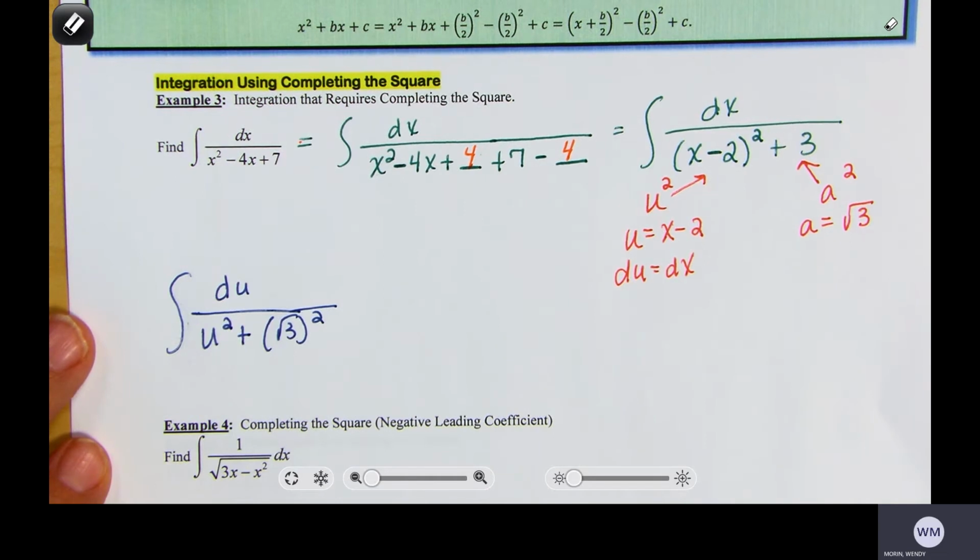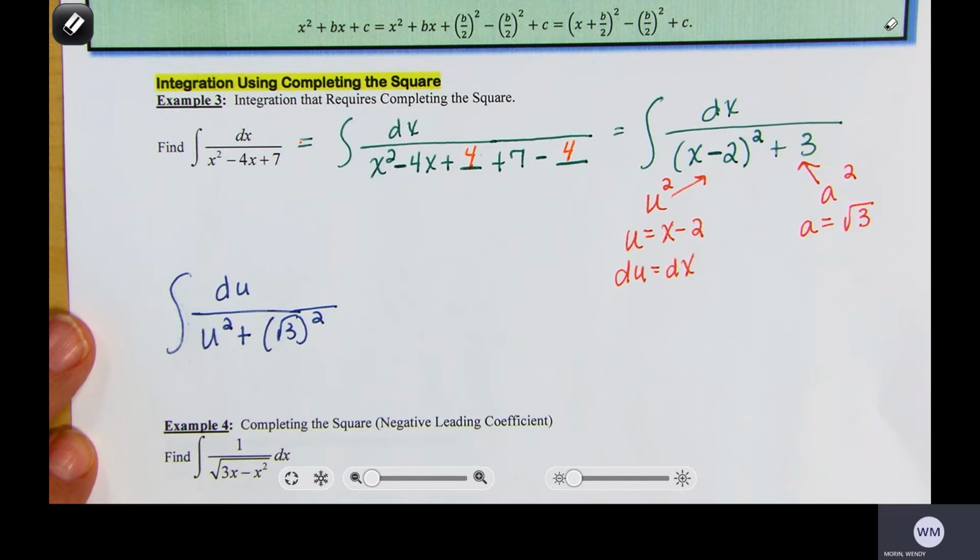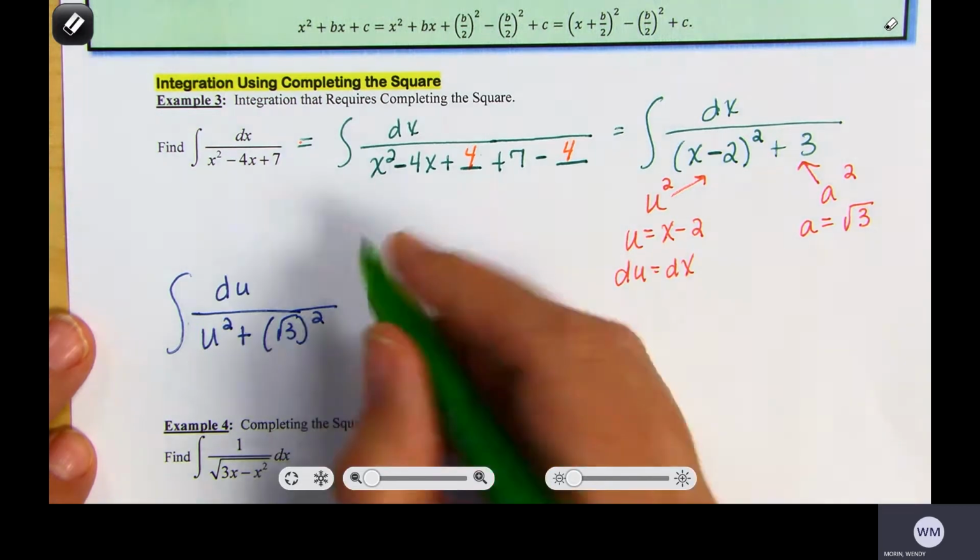What is that? That is arctan again. Arctan. So, your answer.